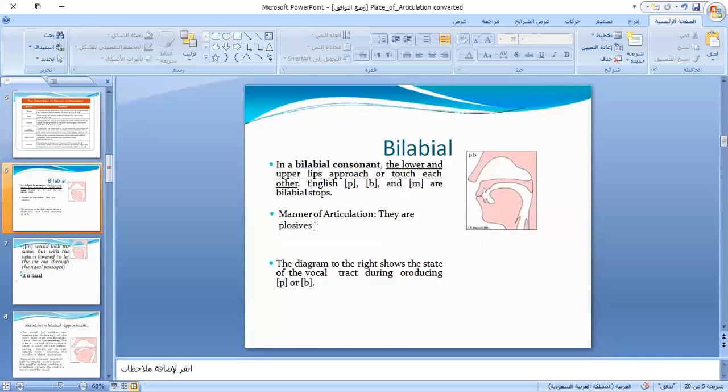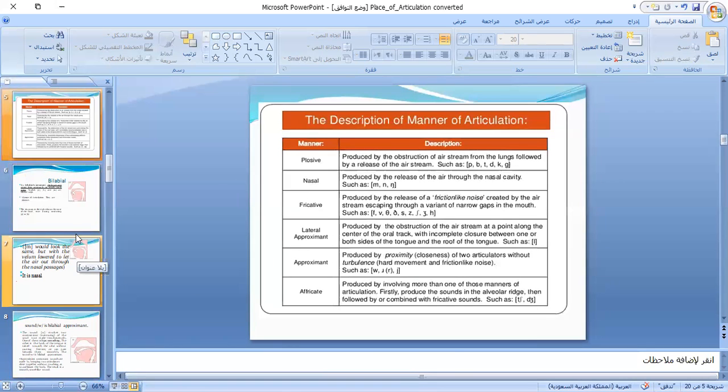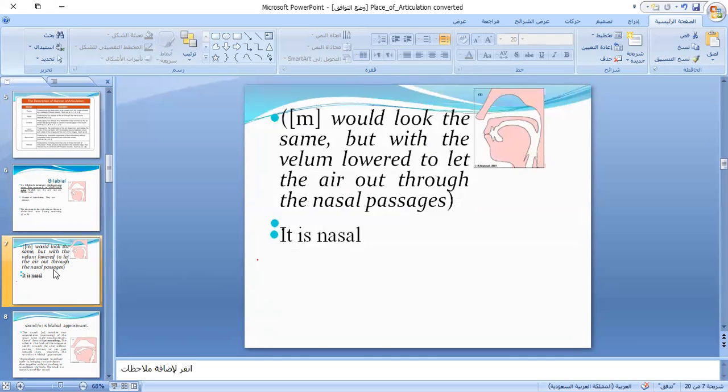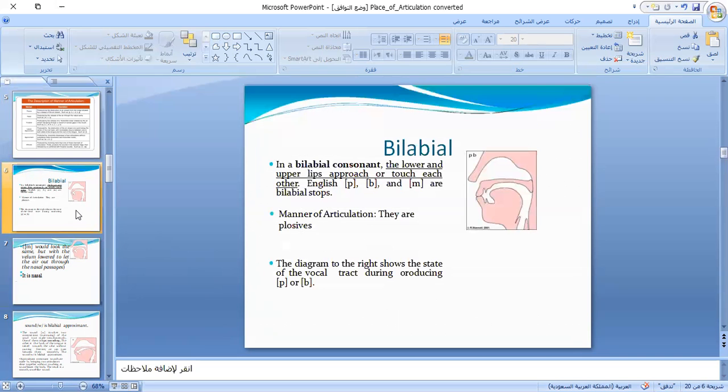As you see here, the diagram to the right shows the state of the vocal tract during producing P and B. And what about M? What's the difference between B, P, and M? Look at the figure here. What can you see?